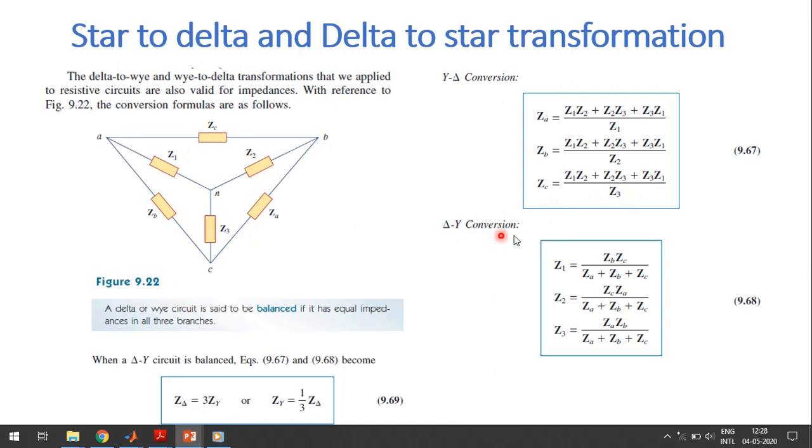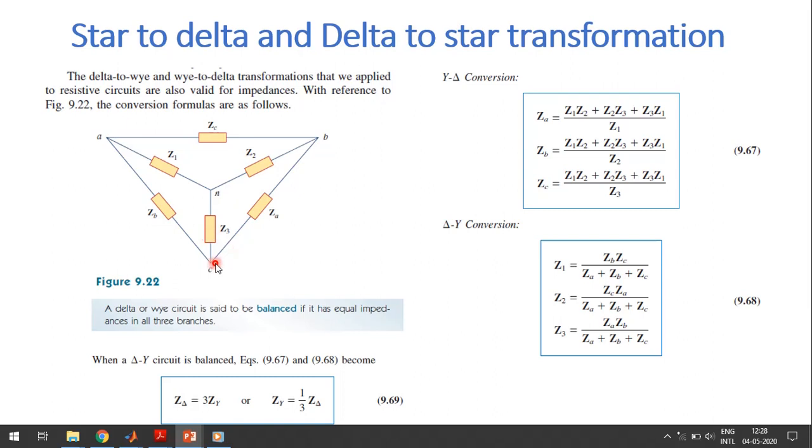Similarly, for delta to star conversion, the delta circuit is given, that is ZA, ZB and ZC are given. We have to find out Z1, Z2 and Z3. In that case, any impedance in a star circuit is equal to the product of adjacent impedances in a delta connected circuit divided by the sum of all impedances in a delta connected circuit.